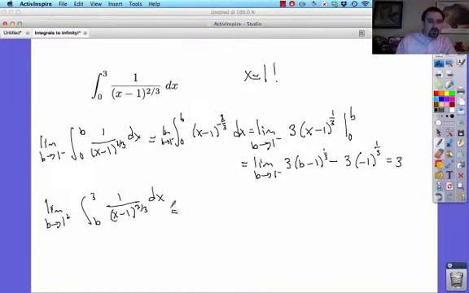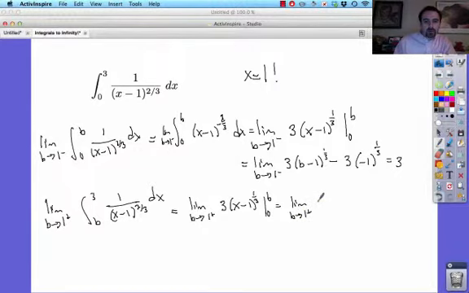Now let's take a look at this part. We're going to plug in from positive 1, and this time we have b to 3, so we should be a little careful here. We have the limit as b goes to 1 from the right now, and we're going to have the same antiderivative, 3 times x minus 1 to the 1/3, and now we're going to plug in from b to 3, these come from these limits.